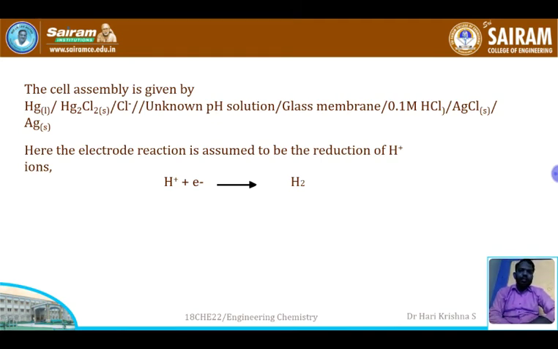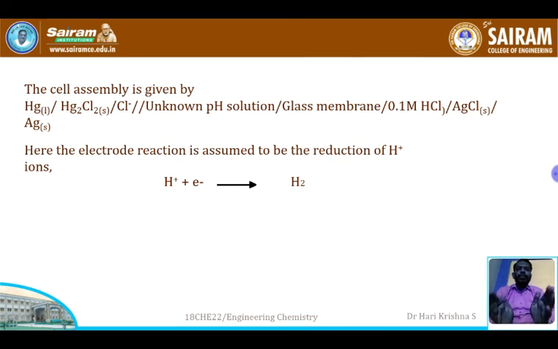The reaction which occurs at the cathode is the liberation of hydrogen: H plus undergoes reduction to give hydrogen. In the above cell, which will act as cathode and which as anode? The calomel electrode will act as cathode and the glass electrode as anode. Therefore, at the cathode, reduction of H plus will occur.